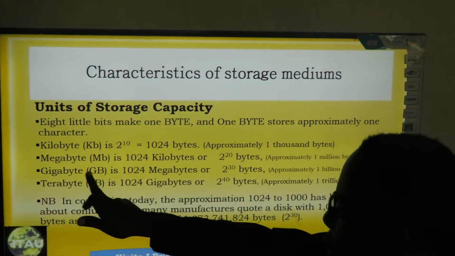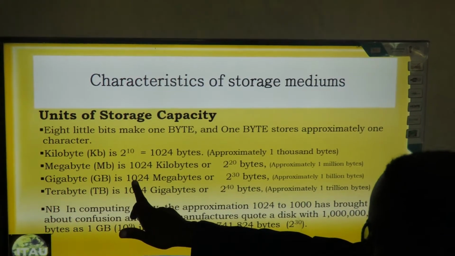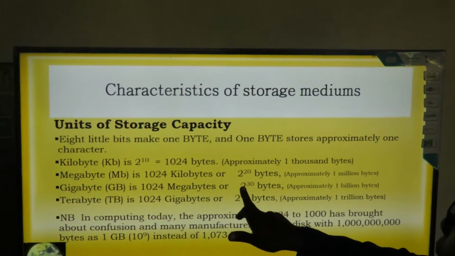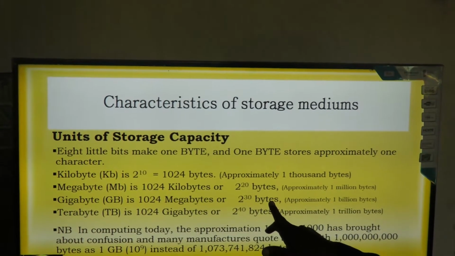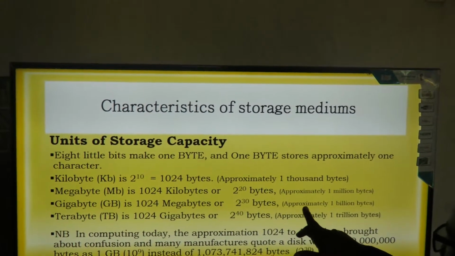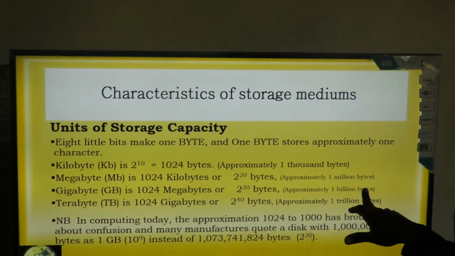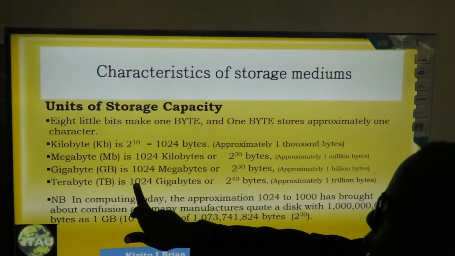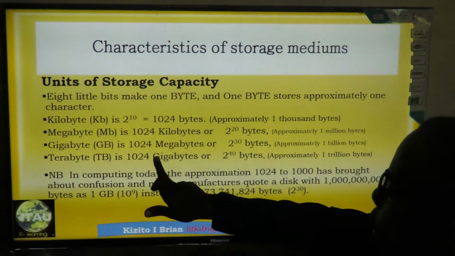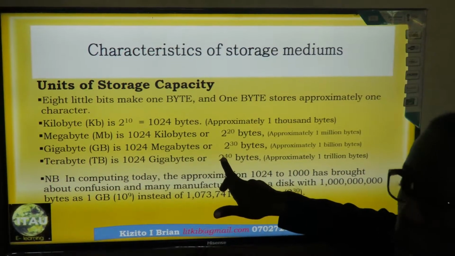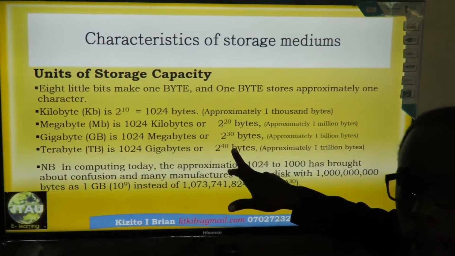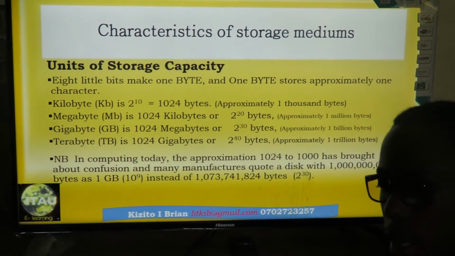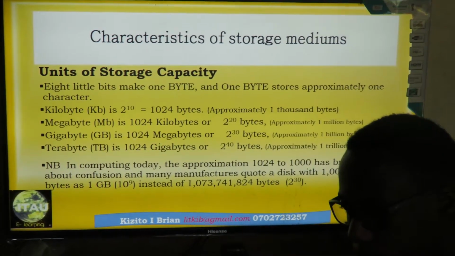Ladies and gentlemen, 1 GB is 1024 megabytes, or 2 power 30 bytes, approximately 1 billion bytes. 1 terabyte is equivalent to 1024 gigabytes, or 2 power 40 bytes. That is approximately 1 trillion bytes.